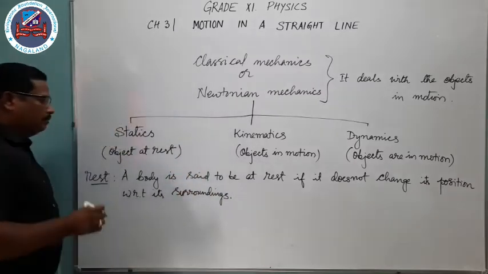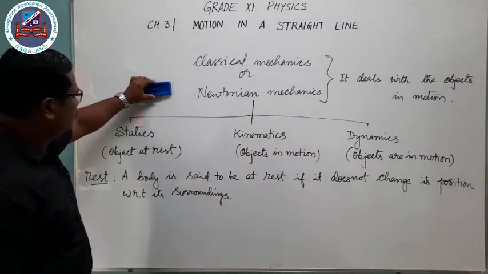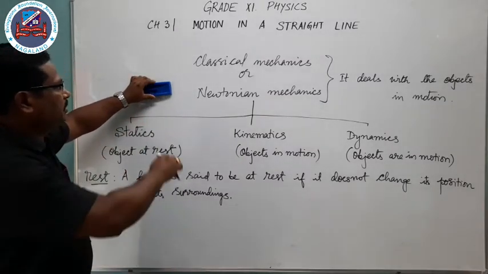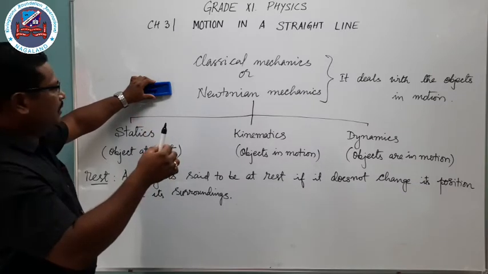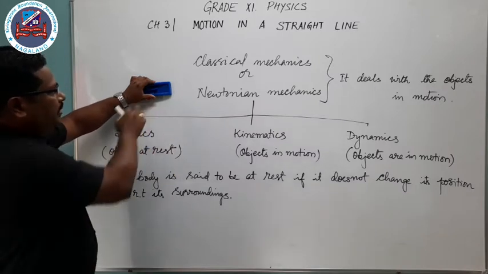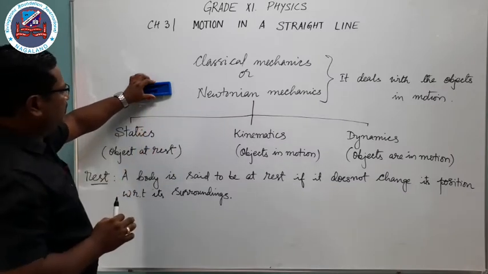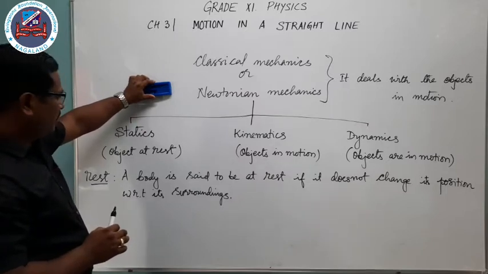Suppose this duster, if I keep it here, it is at rest because it does not change its position with respect to the surroundings. Surroundings are the board, this marker, my body; with respect to them the object is not moving. So we can say that the body is at rest, or the object is at rest.